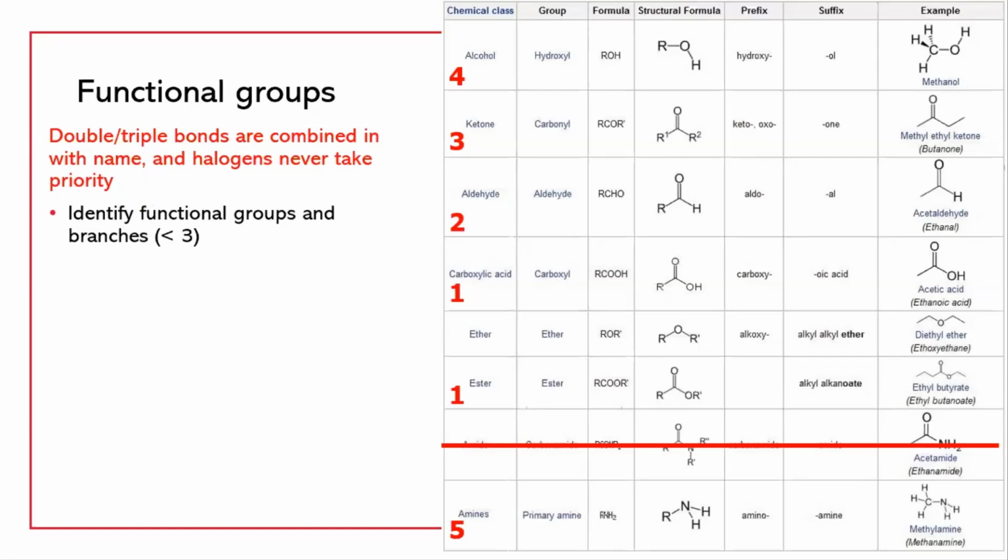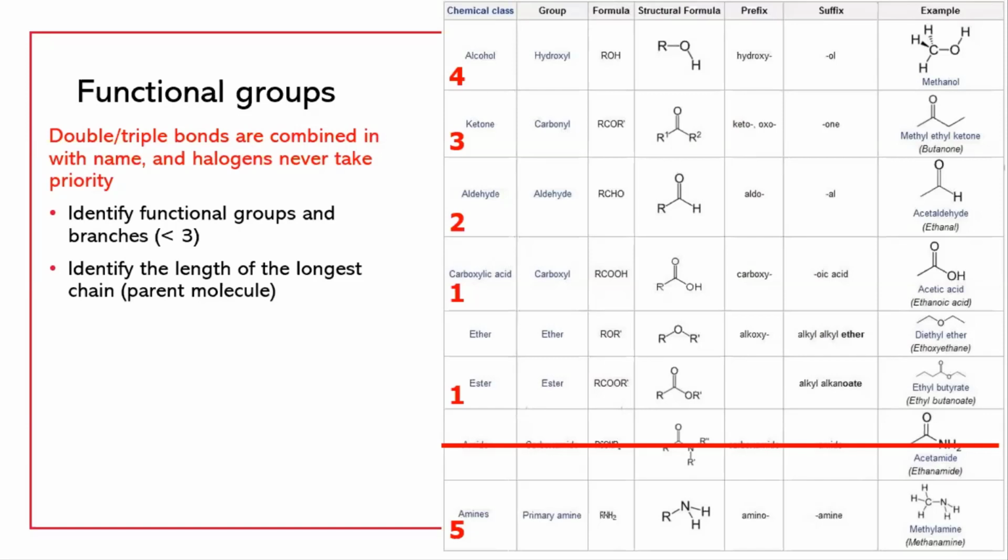So essentially, what we're going to do when we see a molecule is we want to identify functional groups and branches, and there should never be more than 3. At the most, you might be expecting to see 2 functional groups and 1 branch. Identify the length of the longest chain. The longest consecutive run of carbon atoms is our parent molecule, essentially. And if there's 5 of them, then we're going to call it pent.